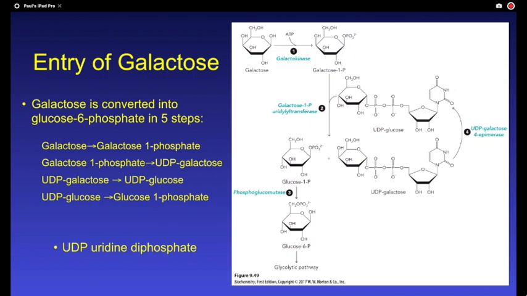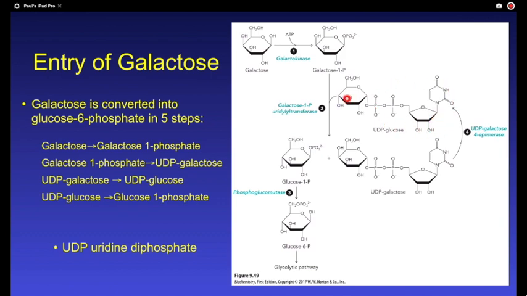So here's what happens. Galactose will be converted into galactose 1-phosphate, done by, what is that enzyme class? Kinase. All right. Well, I put a phosphate in the wrong place, but that's how it has to happen. Then I react it with a glucose that has a uridine diphosphate.